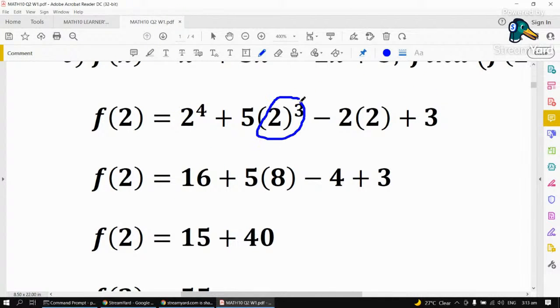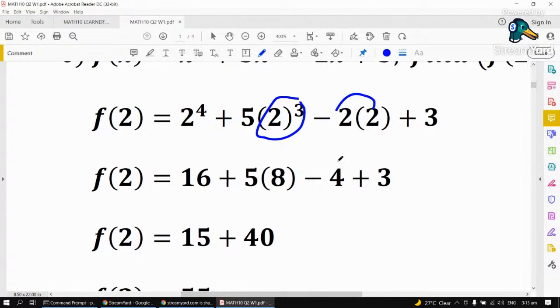And then 2 cube, so ibig sabihin 2 times 2 times 2, that is 8. Okay, that's why may 8 tayo dito.